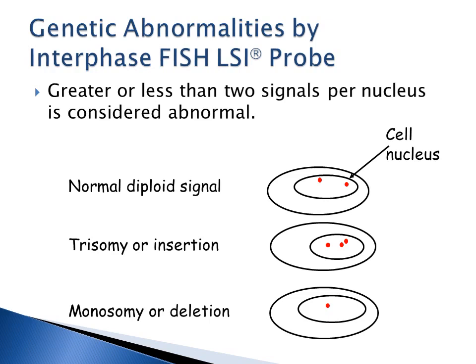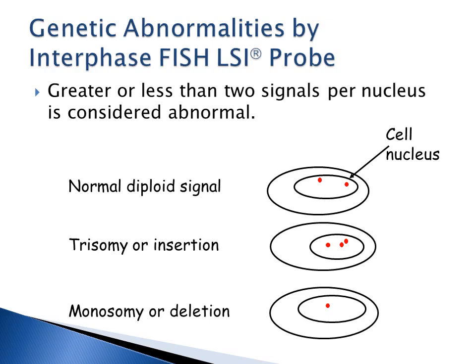So you can use interphase FISH with these different probes to look for genetic abnormalities. If you have greater or less than 2 signals per nucleus, that would be considered abnormal. A normal signal is going to give you 2. So in your cell nucleus, you're going to see 2 signals.